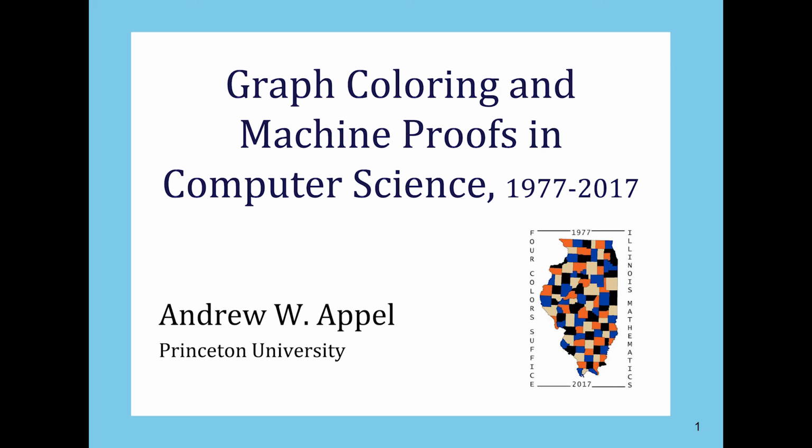He has had 21 PhD students. His main interests are software verification and machine proofs, computer security, and technology policy. He's well known in the latter category for his work on the security of voting machines. I understand that progress is being made in the New Jersey legislature. And today he will talk about graph coloring and machine proofs.